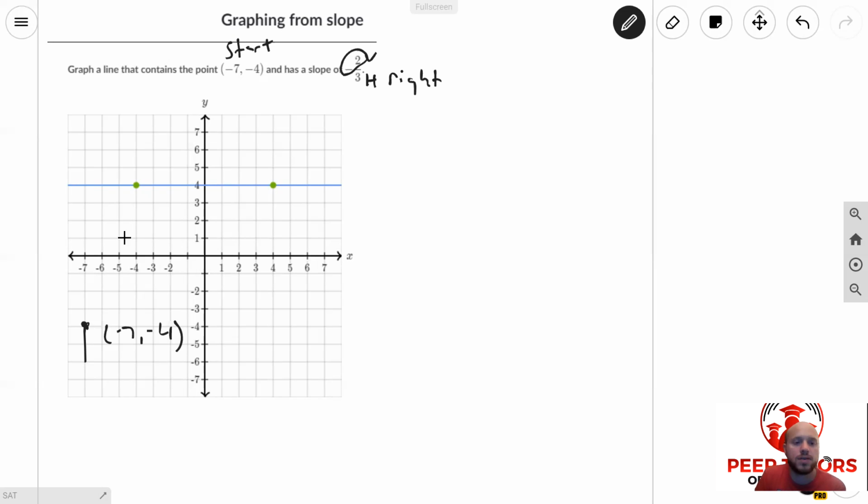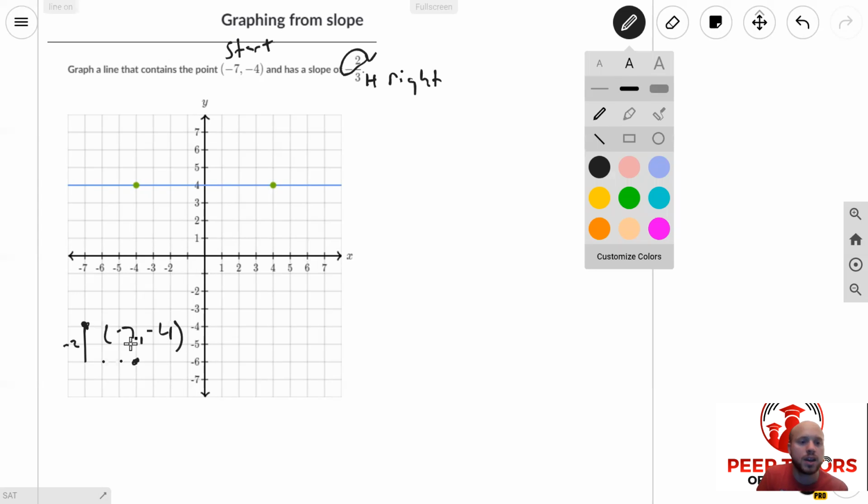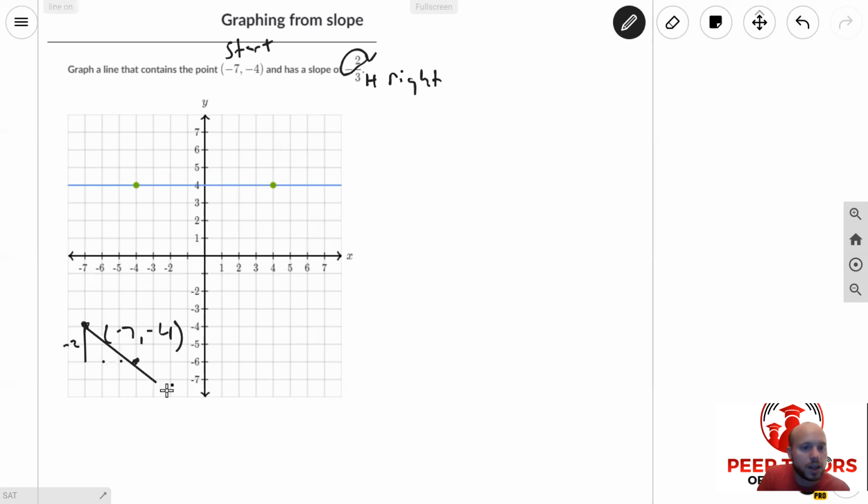Okay, so -2, I did that. That's my -2 there. Now I'm going to go right 3. 1, 2, 3. And so this is another point. And now I'm going to use my line tool. Now I'm going to draw a line. I'll go this way too.